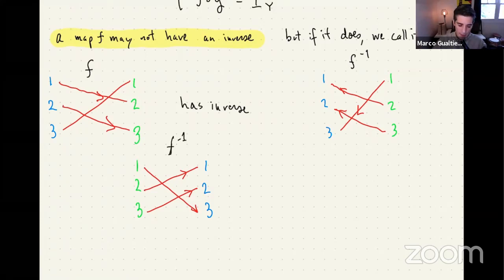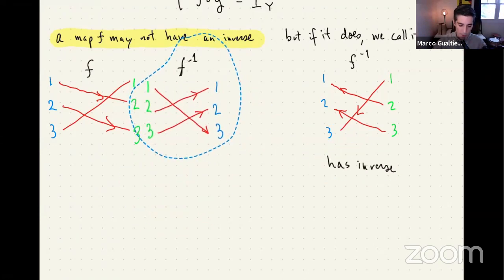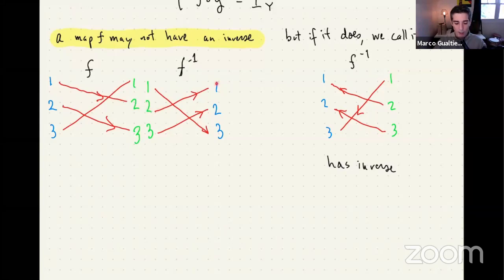Actually, it's useful to put them right next to each other, because then you can check. You can see 1 is sent to 2, and then 2 is sent to 1. So 1 is eventually sent to 1. When I compose, I get 1 is sent to 1. On the other hand, 2 is sent to 3, and 3 is sent to 2. So we get the identity map by composing. And similarly, 3 is sent to 1, and 1 is sent to 3. And this happens in both orders.